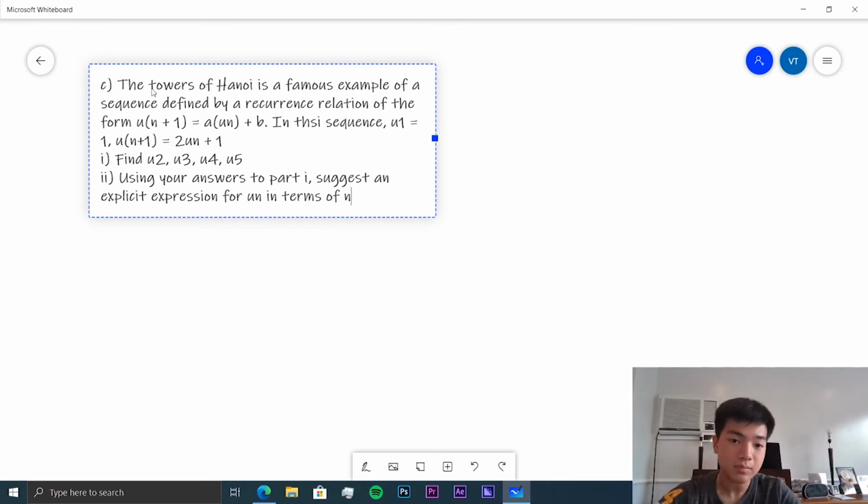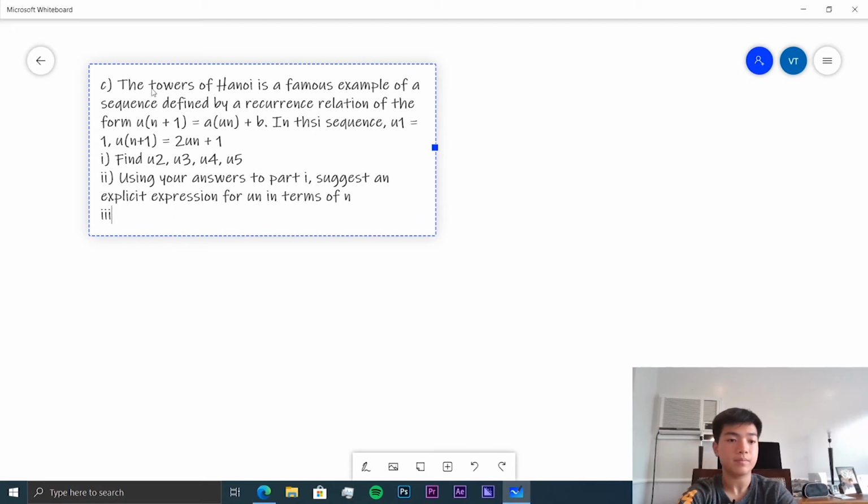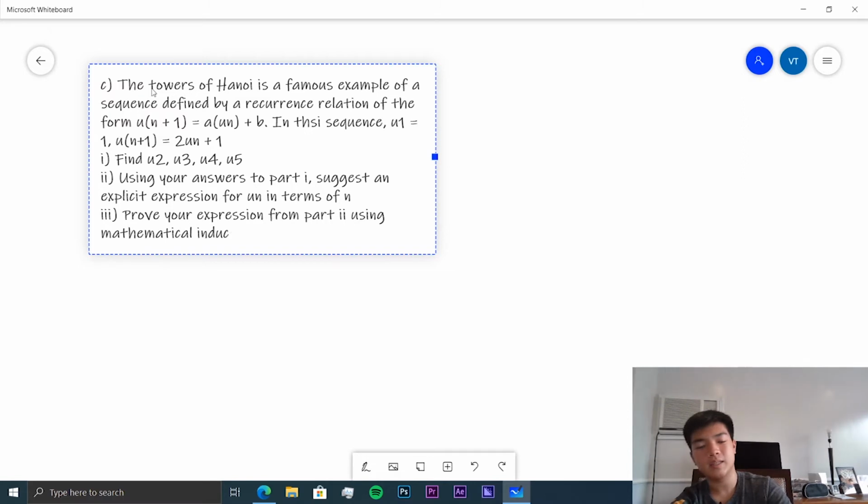Excuse me. And then finally, prove your expression from part 2 using mathematical induction. Cool. And then there's a fourth part, but let's solve this part first.